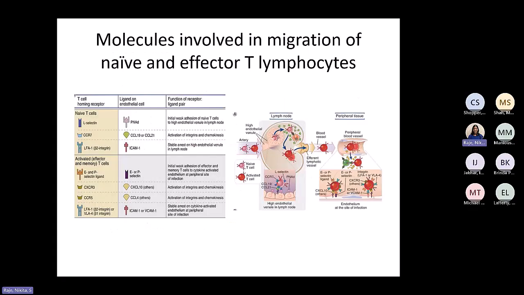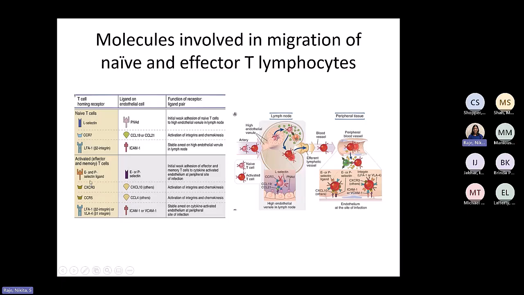So looking at some of the surface molecules on the naive T cells and comparing them with the ones that are present on activated T cells. If you look at this table here, the L-selectin, CCR7, and LFA-1 are present on naive T cells. Compared to activated or effector memory T cells, they have E-selectin and P-selectin ligands on their surface.